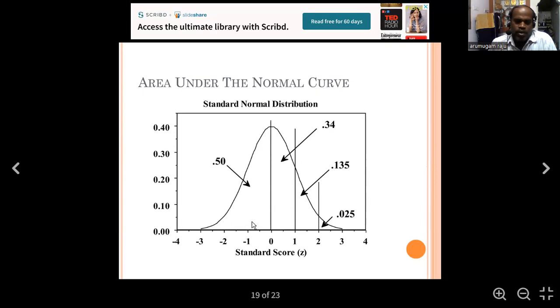In general, here we can represent the normal distribution in the range of minus infinity to plus infinity. Here you can see this standard score, that means Z value. With this, here we can represent our mean, then variance, standard deviation.